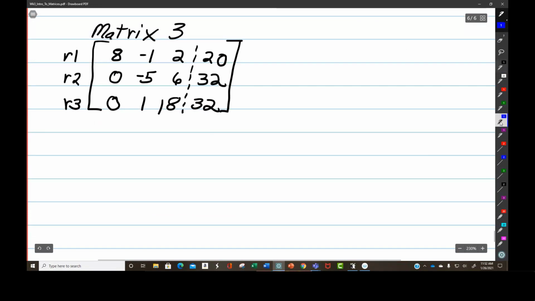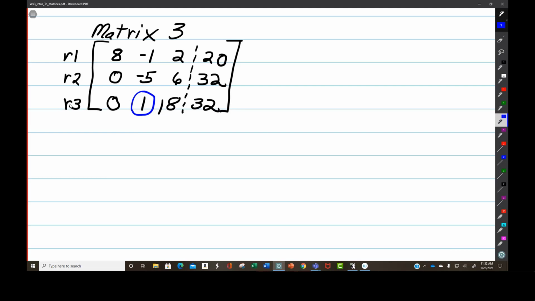Now, we're almost done with the row operations. I have to put a 0 in this position.